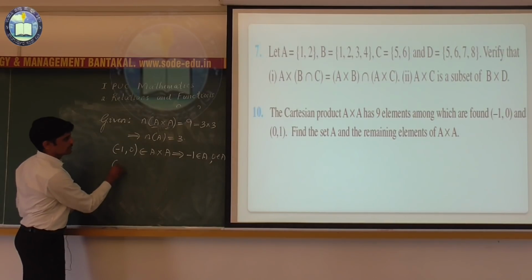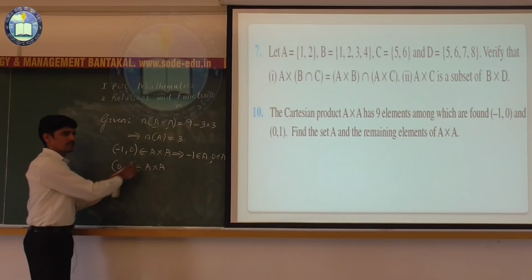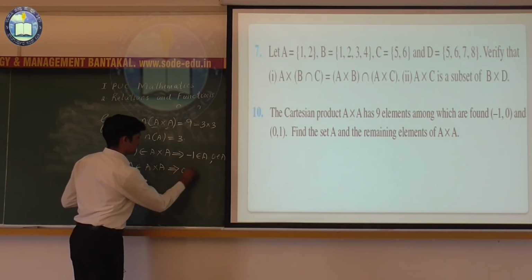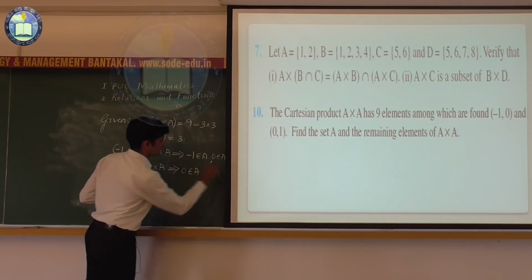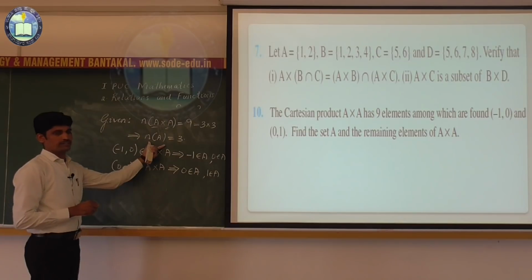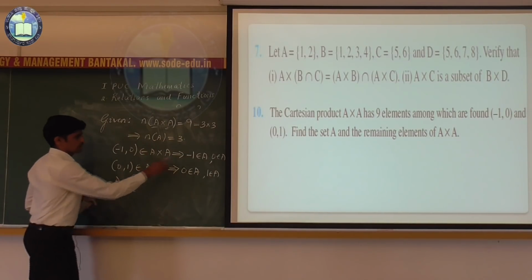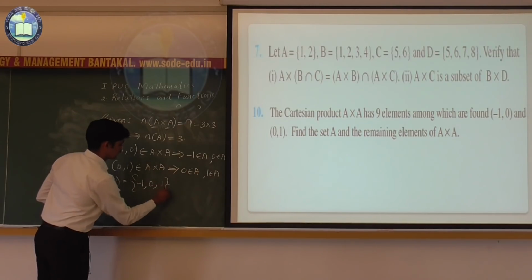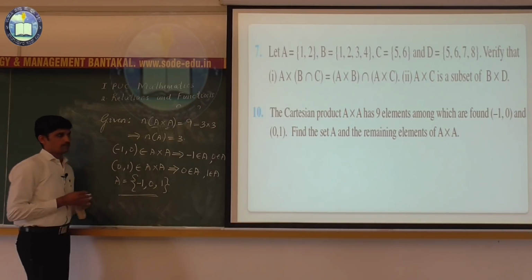Also they have given that (0, 1) belongs to A cross A. This implies that 0 is an element of set A, 1 is also an element of set A. Already we have concluded that set A has 3 elements, and those elements are -1, 0 and 1. These are the 3 elements of set A.